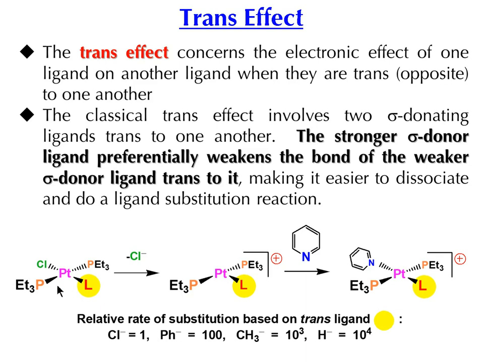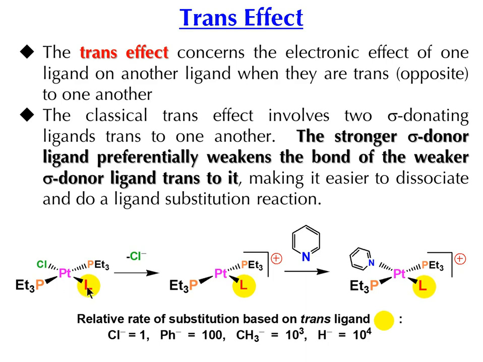Consider the reaction of dissociation of the ligand Cl-. Cl- is trans to a sigma donor ligand L, which is a stronger sigma donor than Cl.